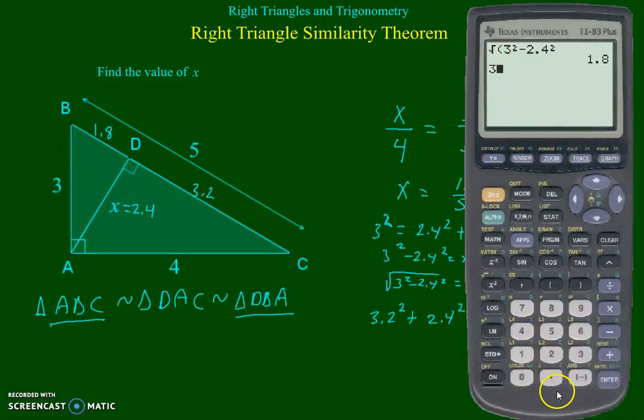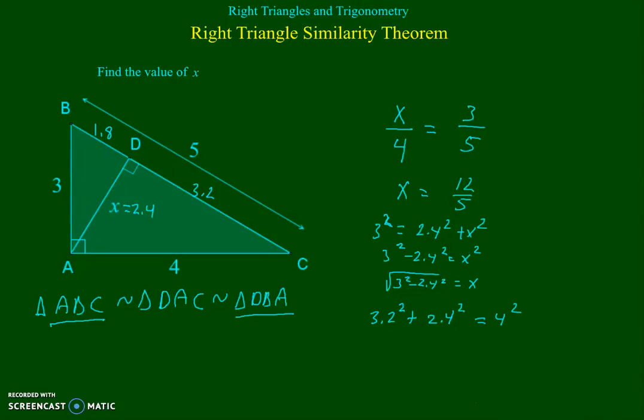And 3.2 squared plus 2.4 squared is 16. And yes, in fact, 4 squared is 16, so this matches. So this was the right answer. X is 2.4, because this came out to 16 and 16.